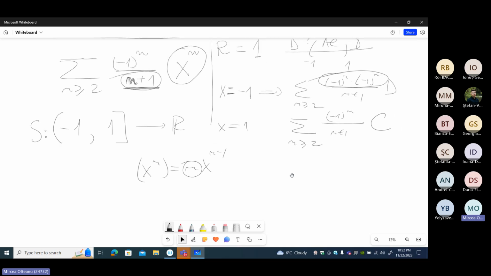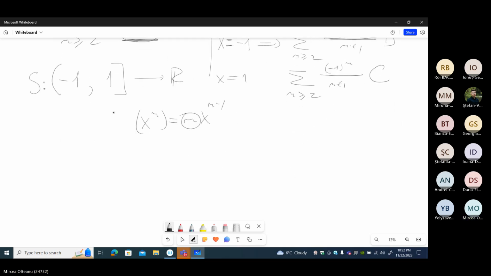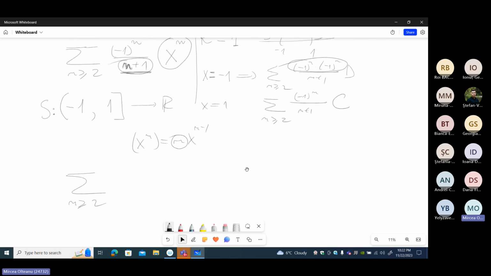Very well. So if we write a sum like this, it starts with 2, yes? Let's write like this, (-1)^n over n plus 1. We need here x^(n+1). And for that, we need to multiply by 1 over x, which can stay outside the series because it is constant with respect to n. Okay.